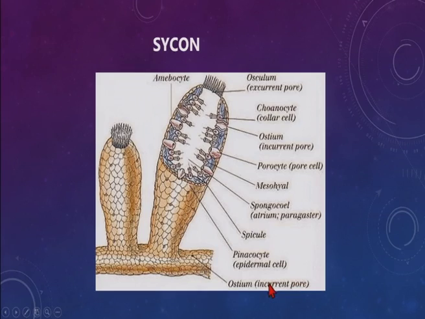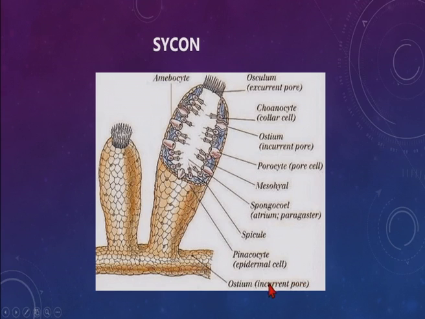This is the structure of Sycon. There are several cells in the epithelium of the Sycon. The cells are amoeboid in shape, so they are amoebocytes. This is the osculum, the largest opening that expels water from the body, used as the excurrent pore.